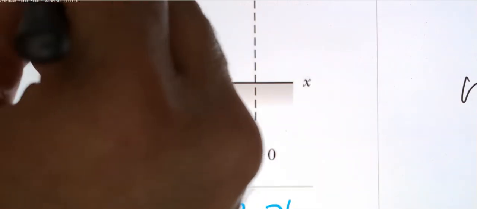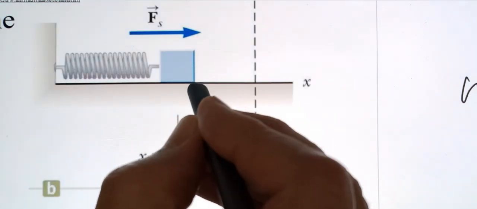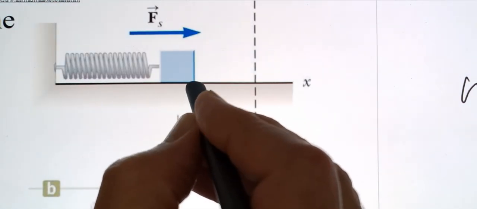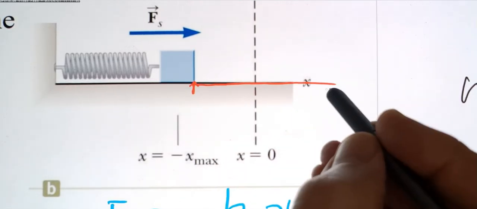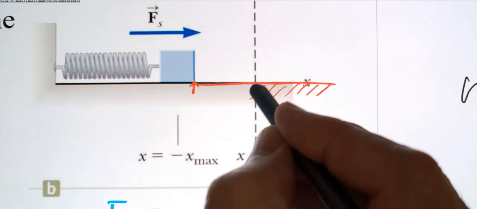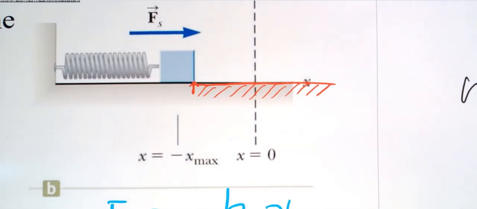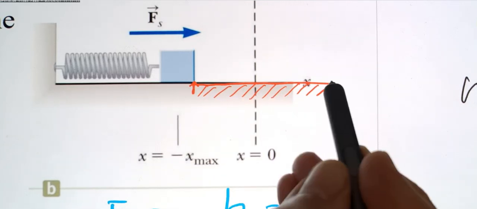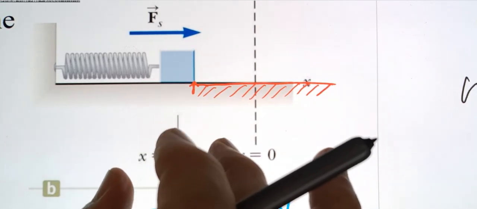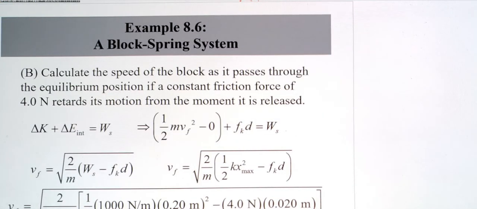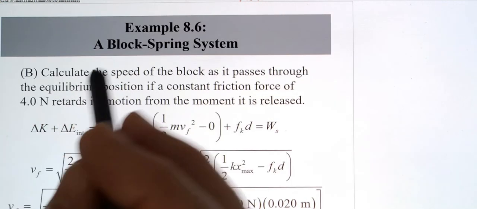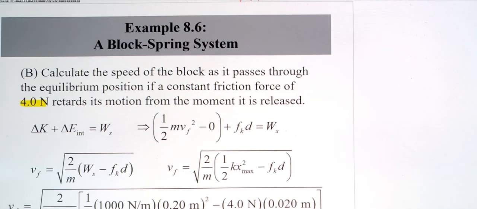Now what he said, starting from this point, afterwards there is friction. The moment it was released, starting from this point there is friction. And he gave us the force of friction.